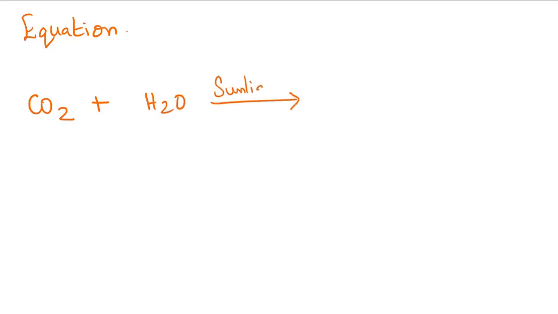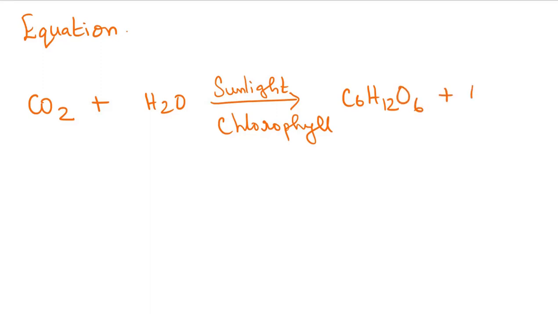The process of photosynthesis can be easily understood in the form of an equation, which will also help you to remember the three events of photosynthesis. Carbon dioxide combines with water in the presence of sunlight and chlorophyll and synthesizes carbohydrates along with oxygen and water.